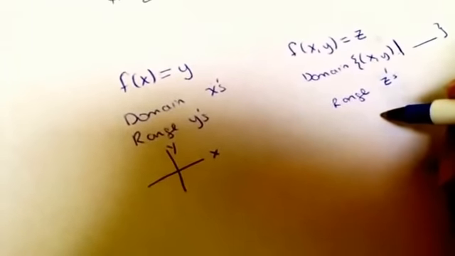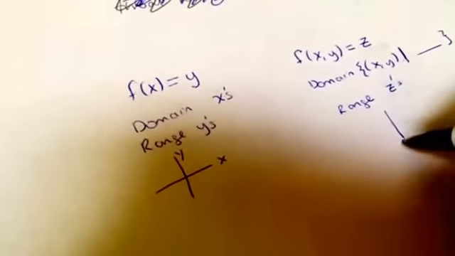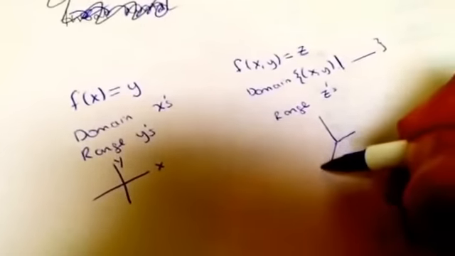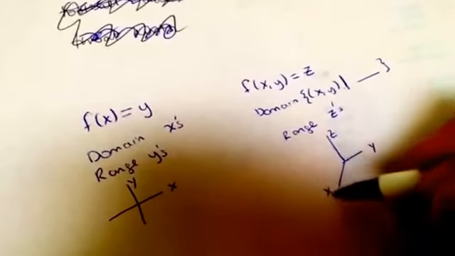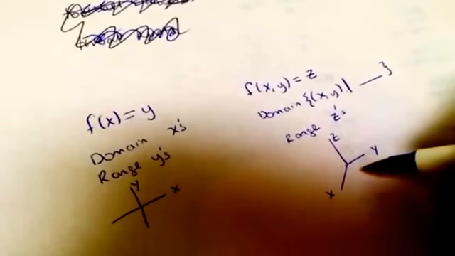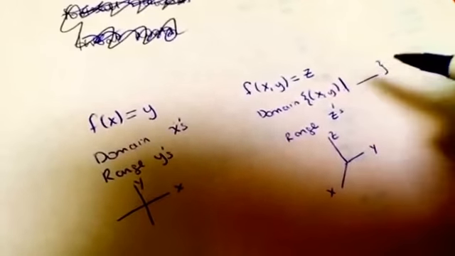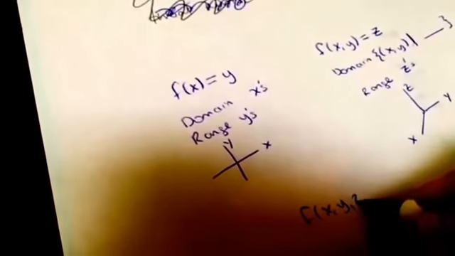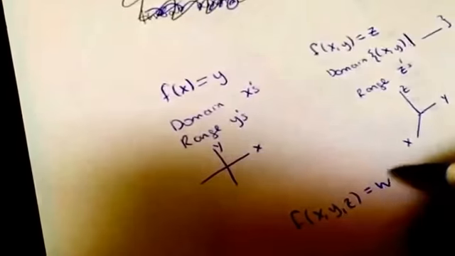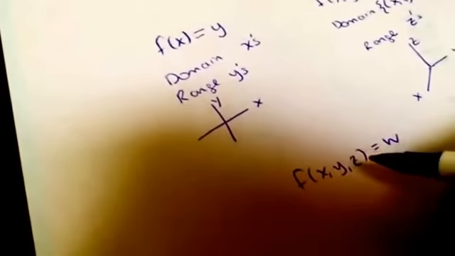And so the graph, and you've been doing some of this already, the graph of this would be in three dimensions, because it would be in xyz space. Okay, so if you had something like f of x, y, z, that would be w. This is what the book was talking about again, at the bottom of page 686.